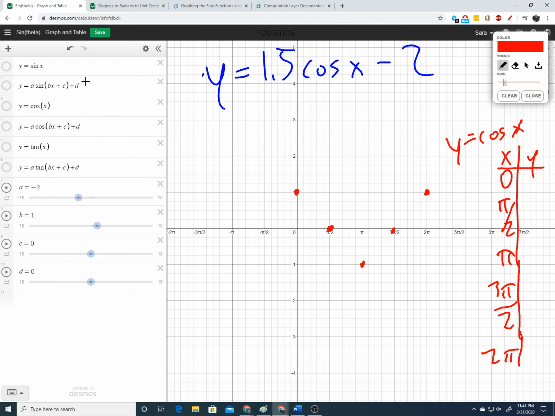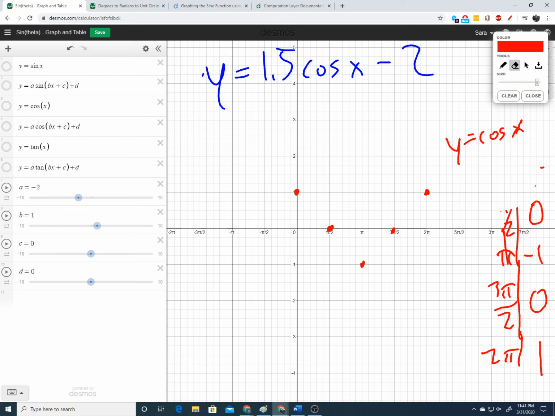And if I just plugged in cosine 0, I got 1. Cosine pi over 2, I got 0. Cosine pi, I got -1. Cosine 3 pi over 2 gave me 0. Cosine of 2 pi was back to 1 again. I do expect that you are checking your unit circle on this and using that knowledge together with what we're doing right now.